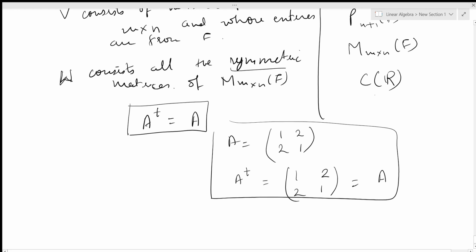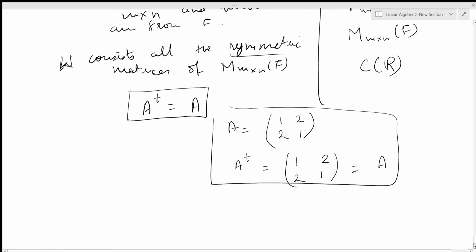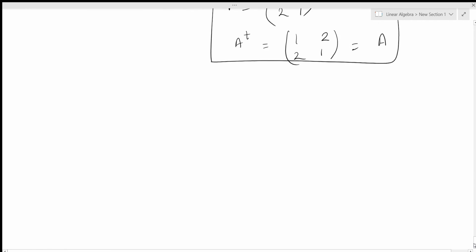So W consists of all the symmetric matrices. Now we have to show that W is a subspace of V.